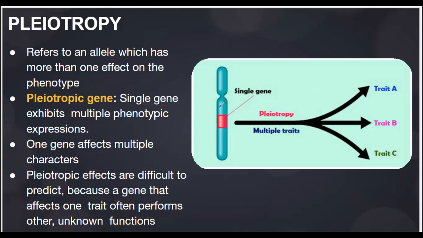It becomes very difficult to know the number of effects they can have. But obviously, science and research have advanced to such a level that there are certain examples wherein we know that this gene can affect multiple phenotypes.